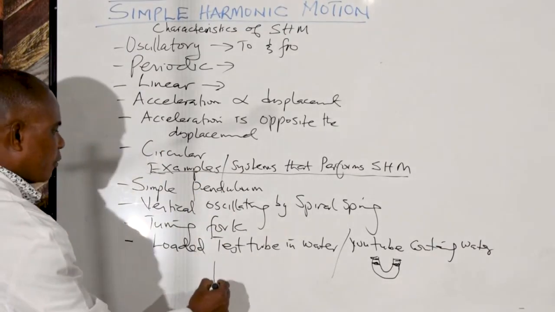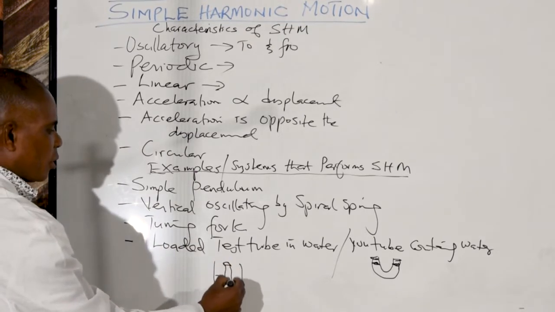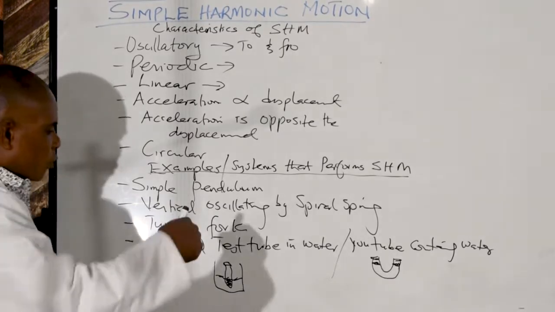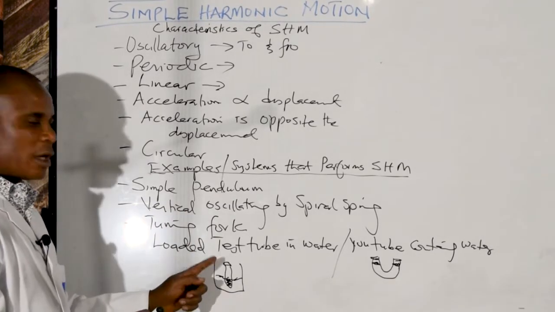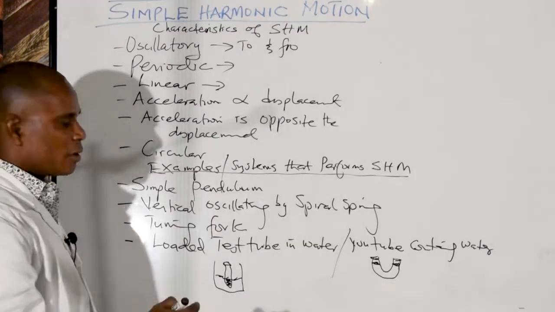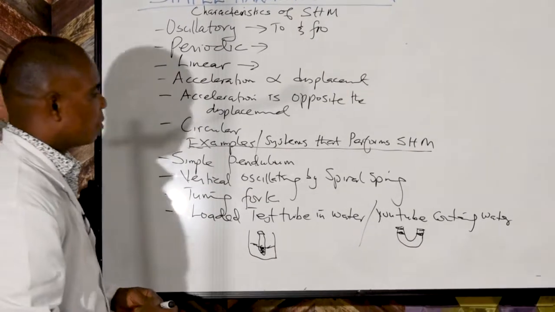In the case of the loaded test tube, if I have a test tube inside the water, loaded with some pebbles such that it stays vertical, you see the test tube begin to vibrate up and down. That's also simple harmonic motion.